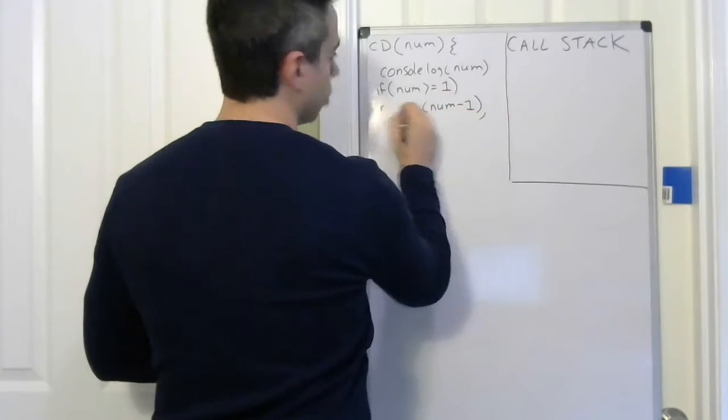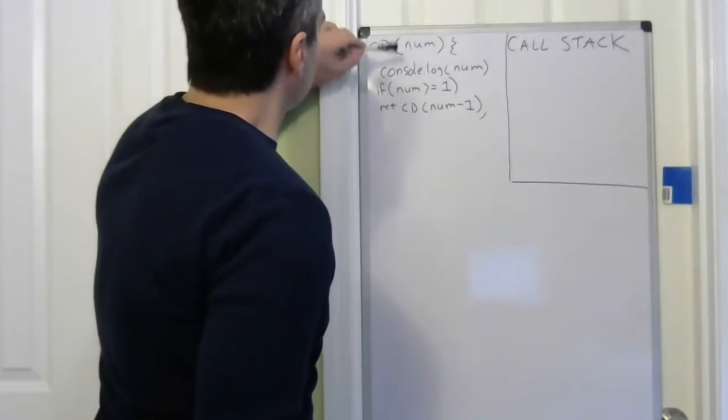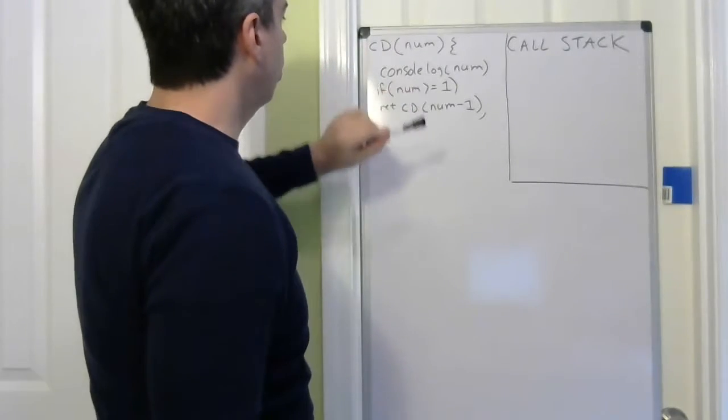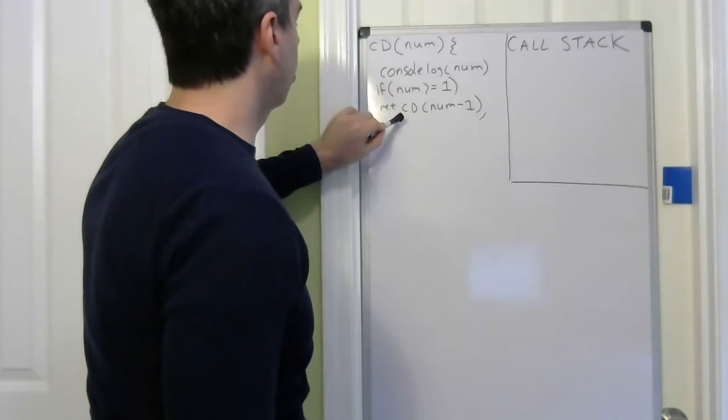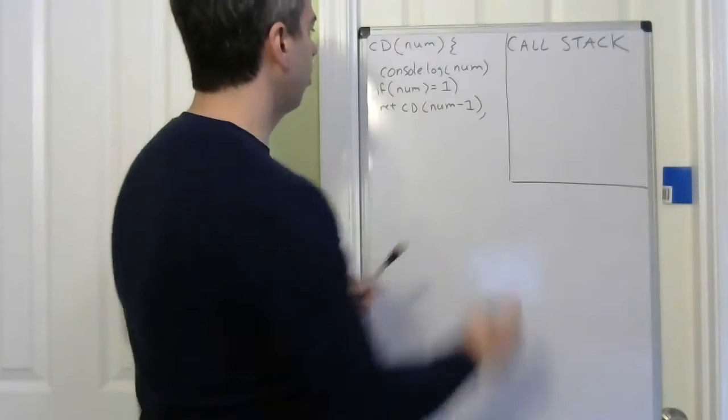I'm just going to abbreviate RET for return. So log out the number, and if it's greater than or equal to 1, we're going to return the countdown of num minus 1.